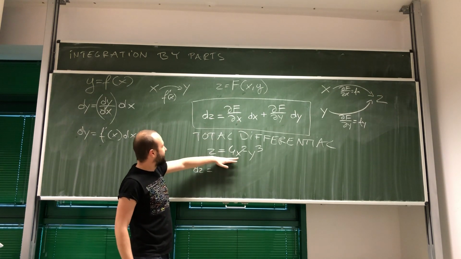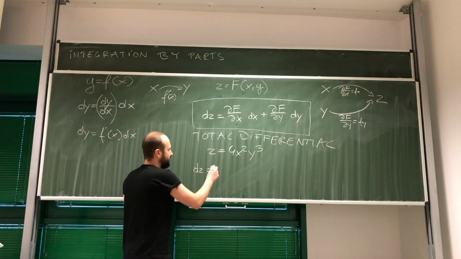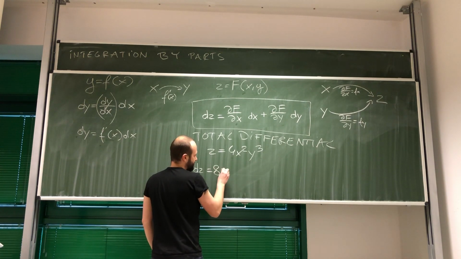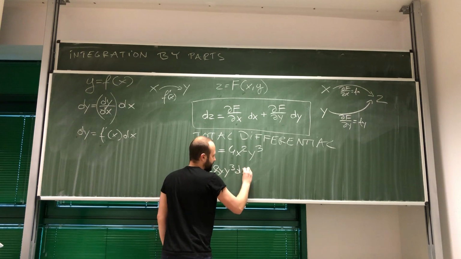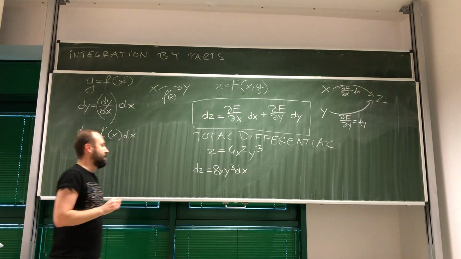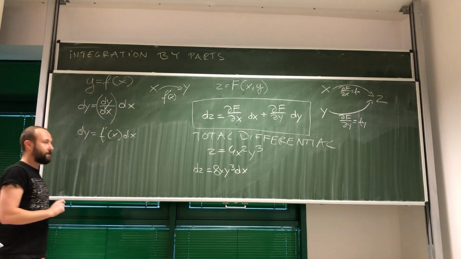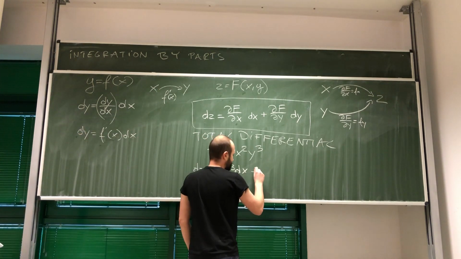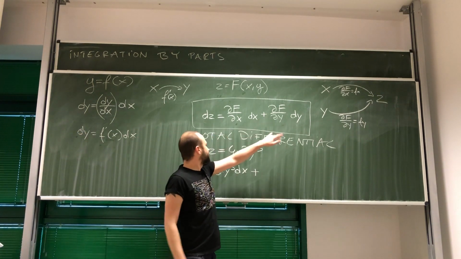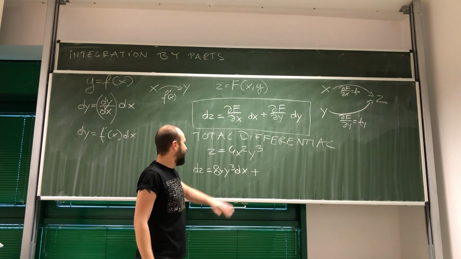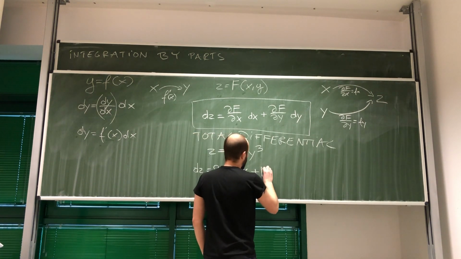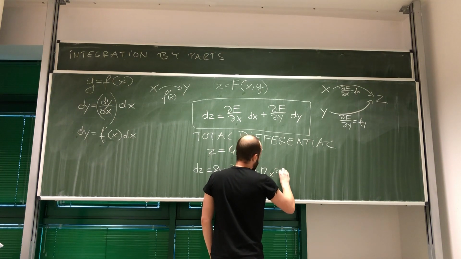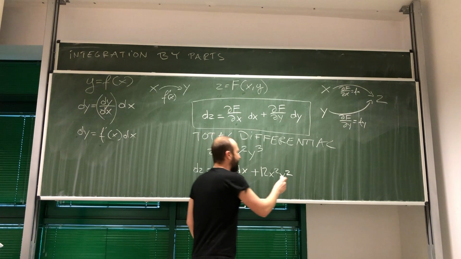So look, this time I'm assuming y is constant, so I'm getting that this is 8x y cubed dx. Now, I need to add to it partial derivative of z with respect to y, so I'm assuming x is constant, so I'm getting that this is 12x squared y squared dy.